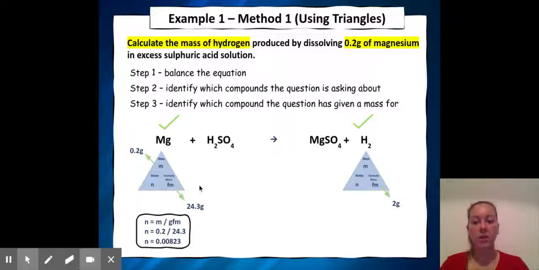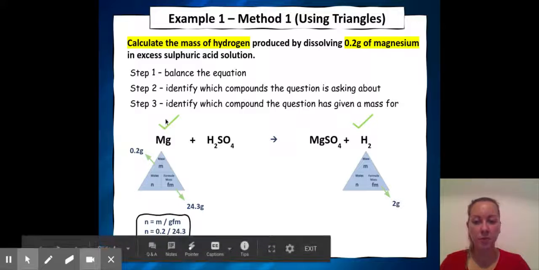So let's calculate our number of moles of magnesium. We have 0.2 divided by 24.3, which gives us 0.00823. Now this is a number that we want to keep in our calculator. We don't want to round our answers until the very last step. So our number of moles is going to be the same number on both sides. How do we know that?